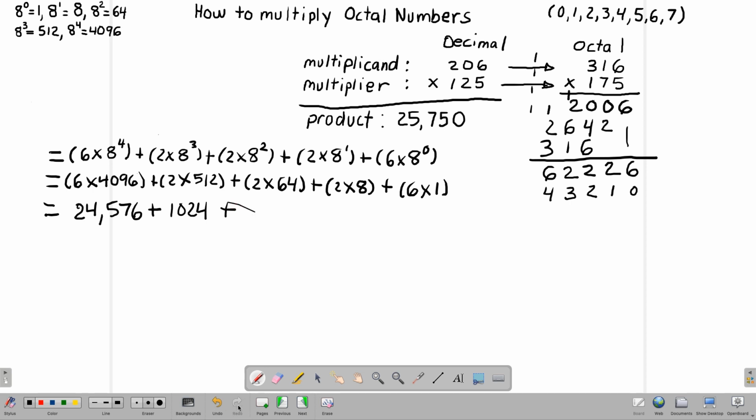Then 2 times 8 is 16, and then 6 times 1 is 6. So we have 24,576 plus 1024 plus 128 plus 16 plus 6, and it indeed comes out to be 25,750. And this is what we wanted to show.